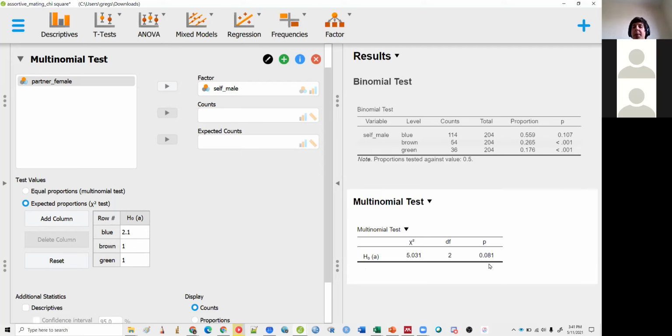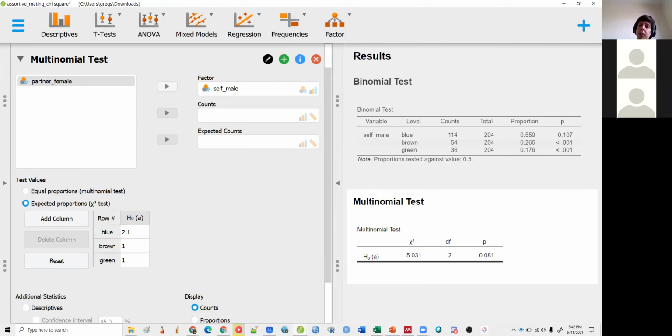And the p-value now is not significant with an alpha value of 0.05 or 0.01. So you can see that by changing the expected proportions or the expected frequencies of the different values in your data set, that changes what the chi-square test statistic is.